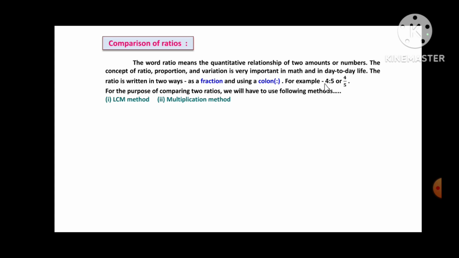For example, 4:5 or 4 upon 5. For the purpose of comparing two ratios, we will use the following methods. One is the LCM method, second is the cross multiplication method. So let us start with comparison of ratios by using the LCM method.